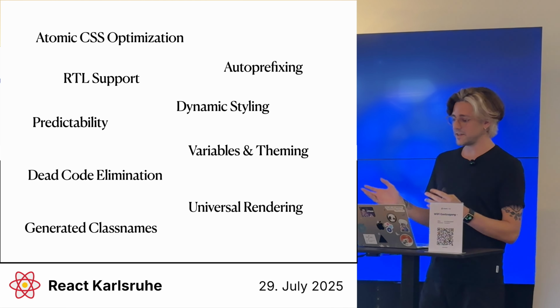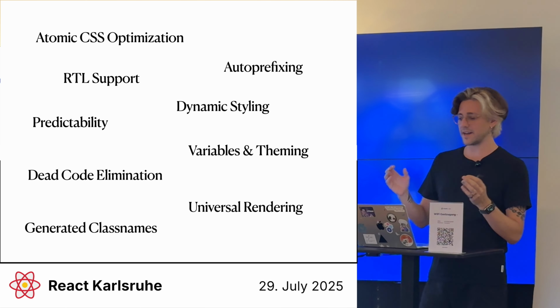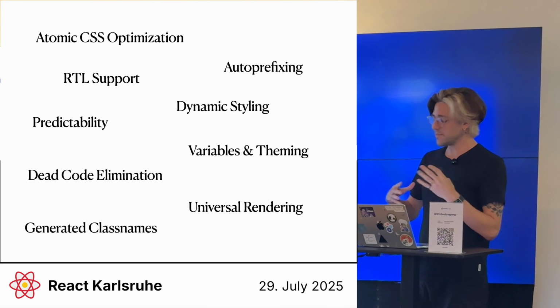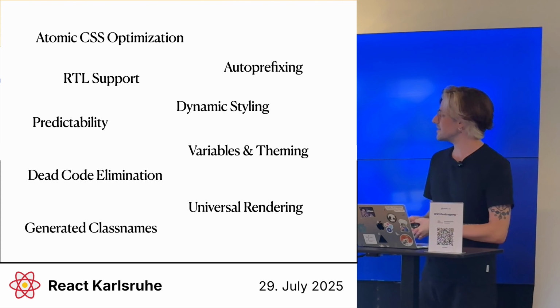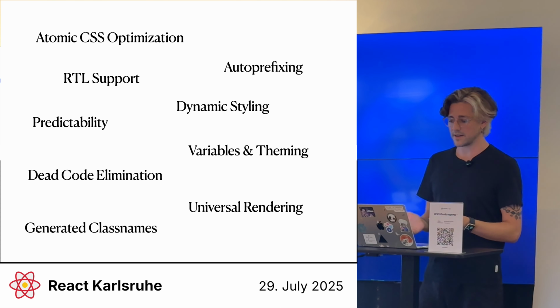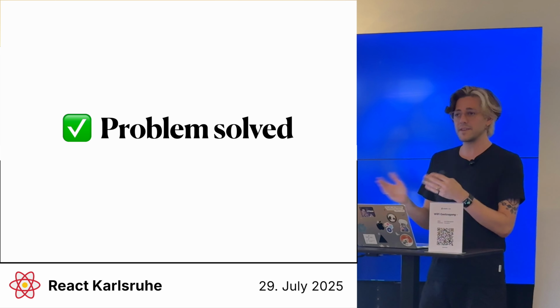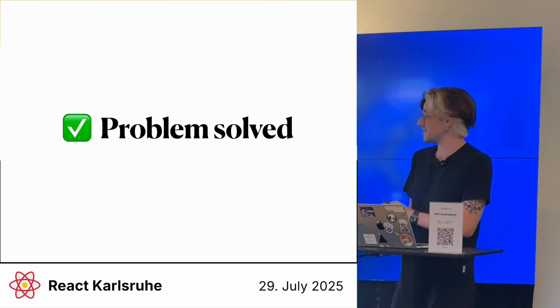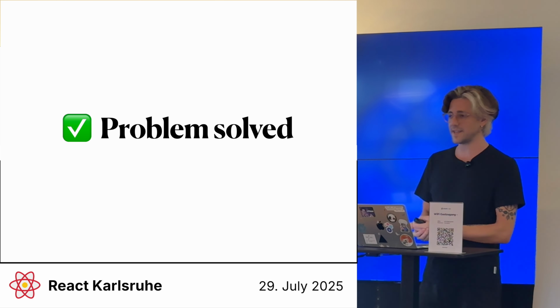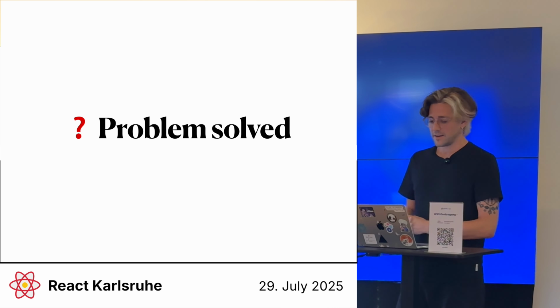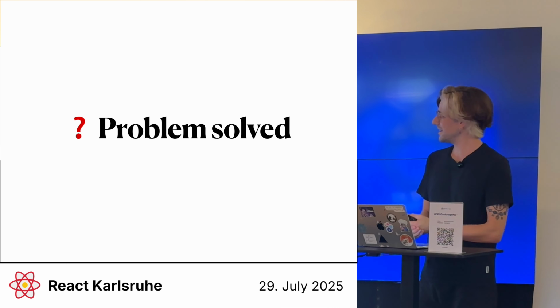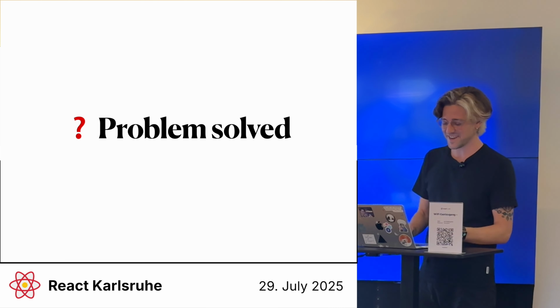Along with many other features like auto-prefixing, automatic right-to-left conversion, and theming support long before CSS variables were available in all browsers. I've been using it for almost 8 years, and it literally solved all the problems that I had with styling in React. Until it didn't.